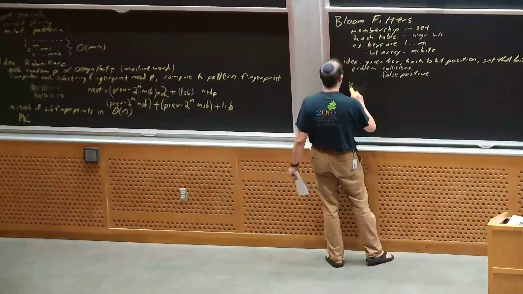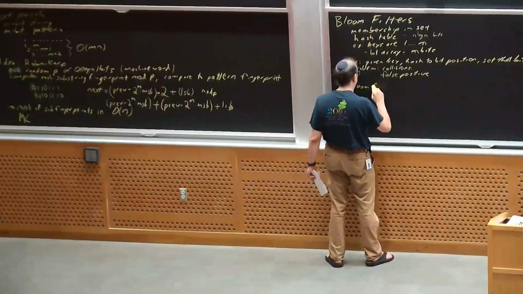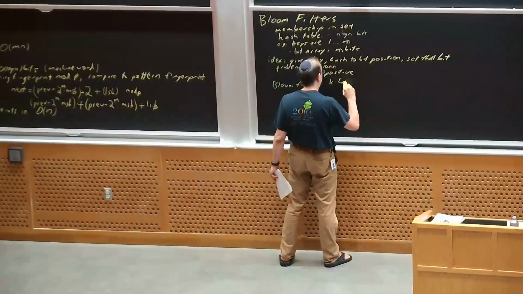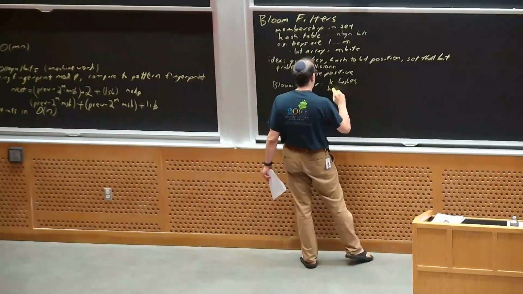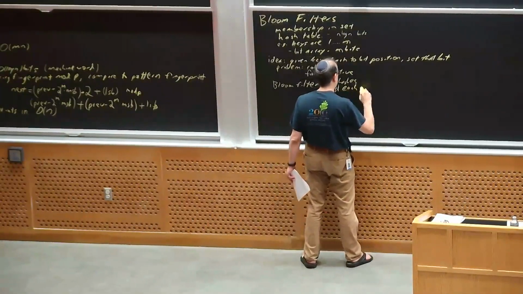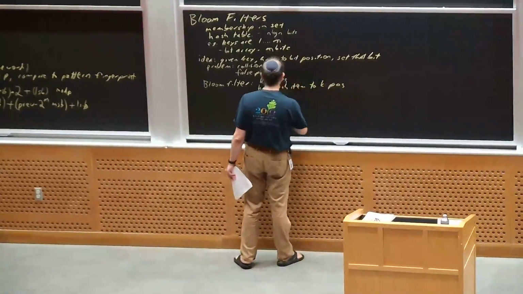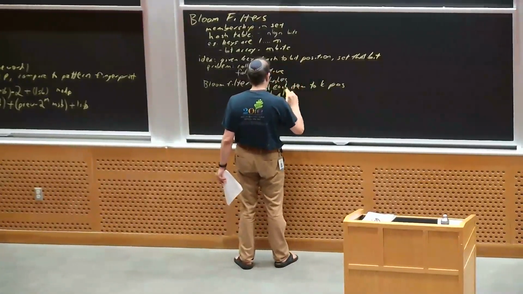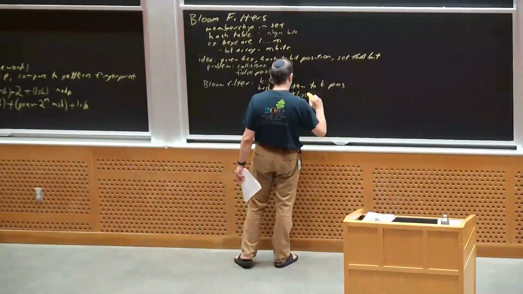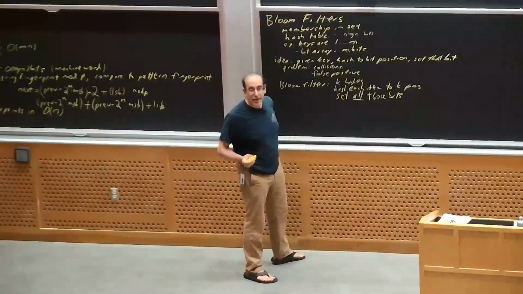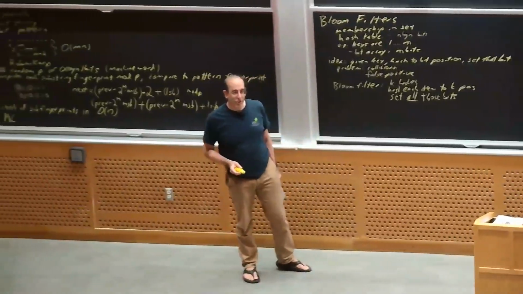So the idea of the Bloom filter is that you have k hashes, and you hash each item to k positions, and you set all those bits. That's how you store an item in the Bloom filter.